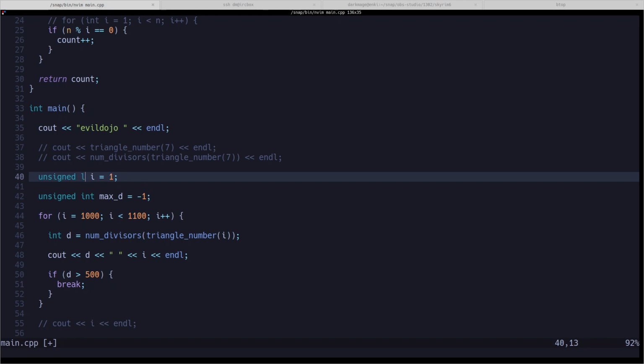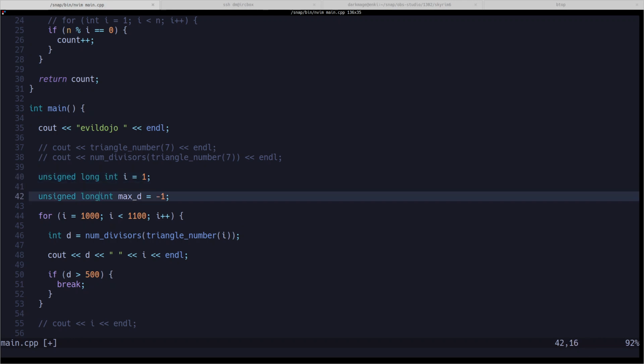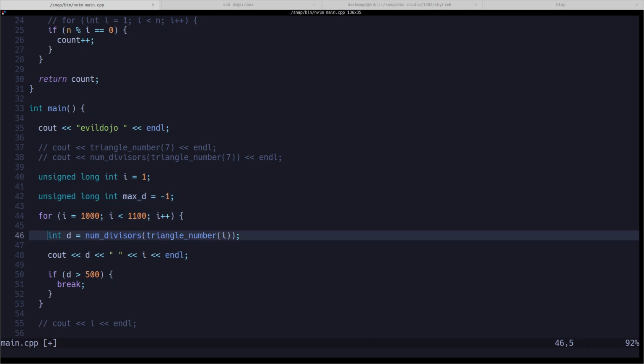And honestly, after the last problem, everything should be unsigned long int. Just about.